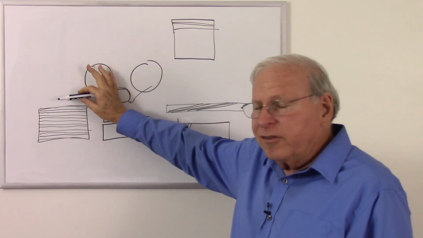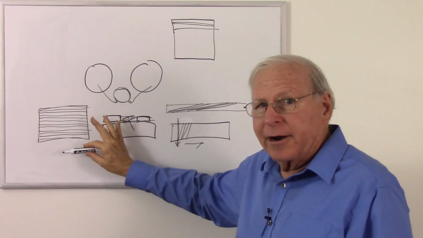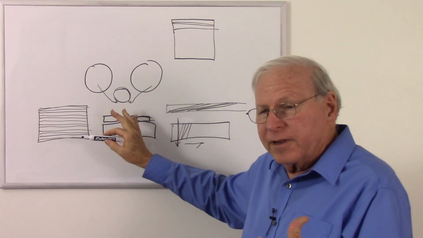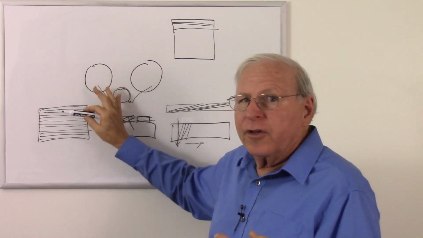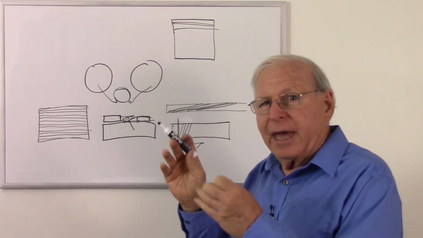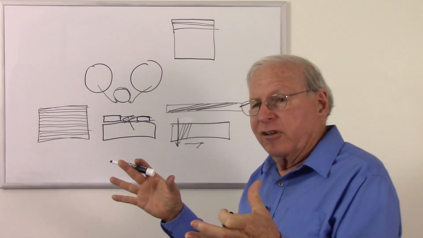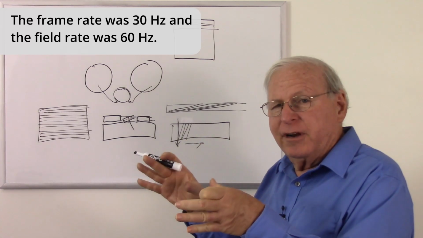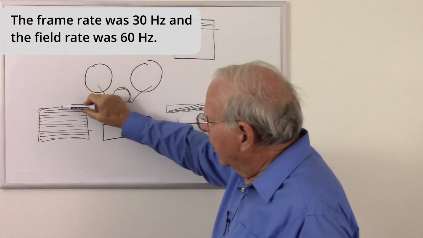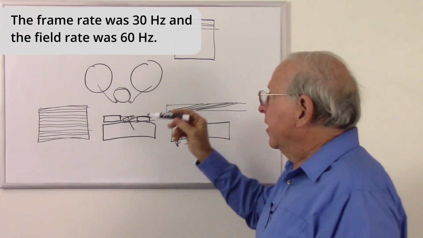So it's taking a 60th of a second to go from the top to the bottom, which eliminates the flicker, but we're only sending 30 pictures per second, and so the bandwidth for the radio transmission was half the width if we were sending actually 60 pictures per second. So we're sending 30 pictures per second, but we're scanning top to bottom 60 times per second.